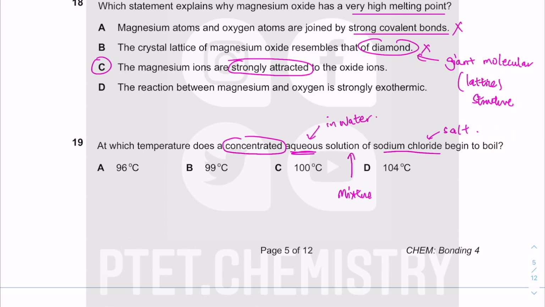When you boil, you are not going to boil the sodium chloride because this is an ionic compound with a giant ionic structure. To boil NaCl, you need a huge amount of energy to break the strong ionic bond between the Na plus and Cl minus.